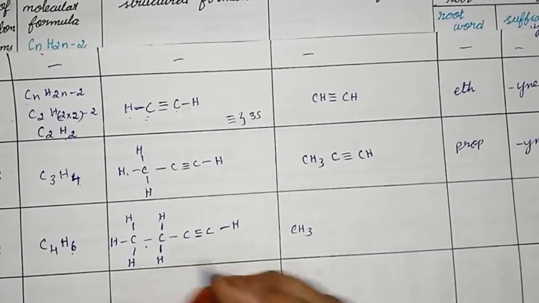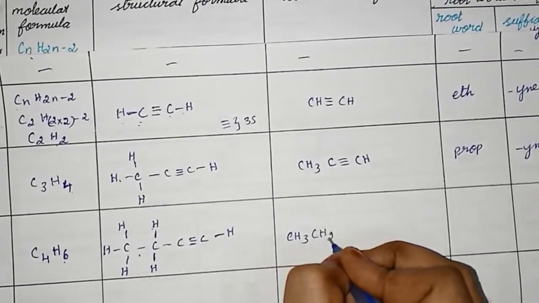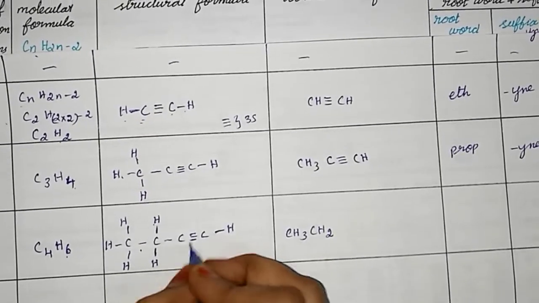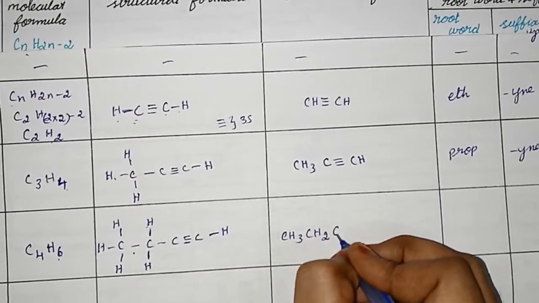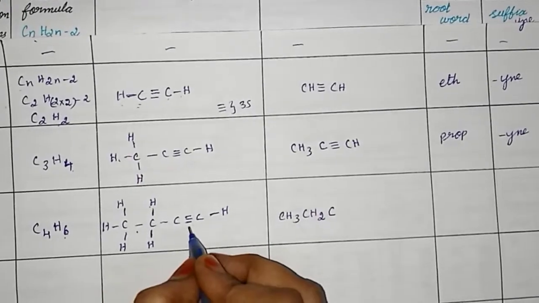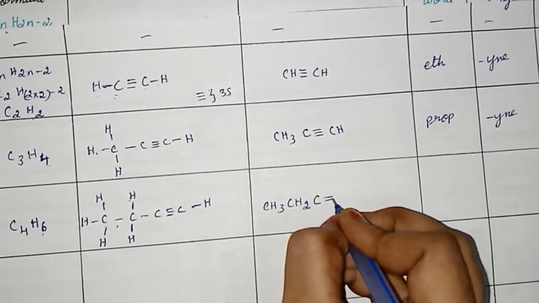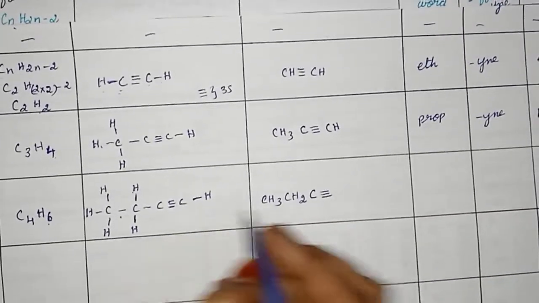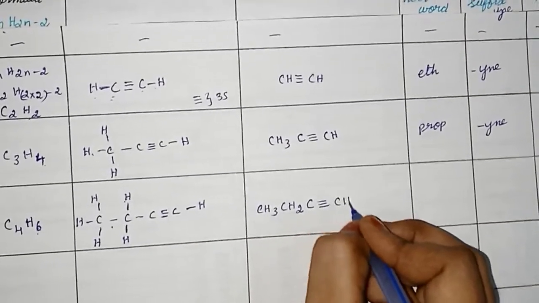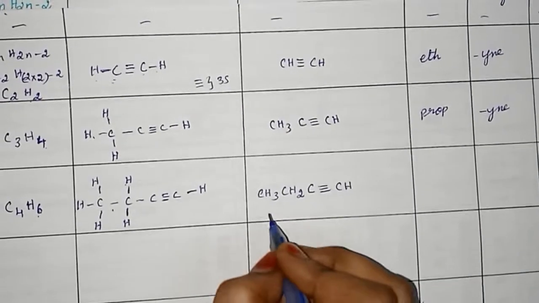Second carbon, 2 hydrogens, CH2. Third carbon, there is no hydrogen, so we simply represent C. And next, since a triple bond is there, we denote the triple bond here. And next CH.